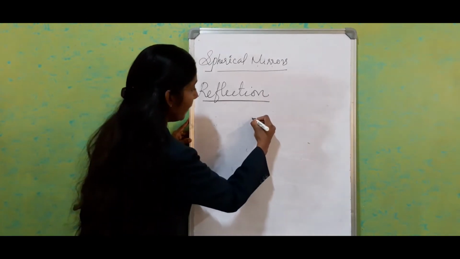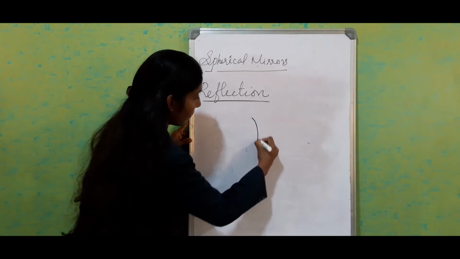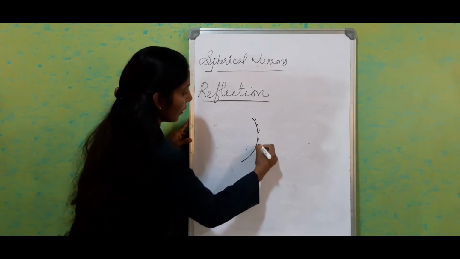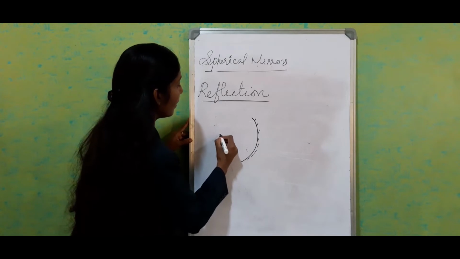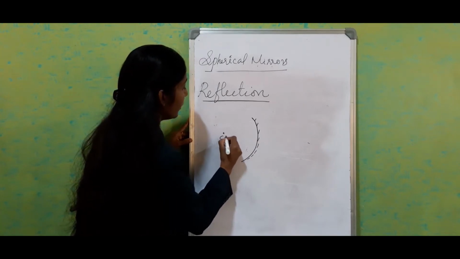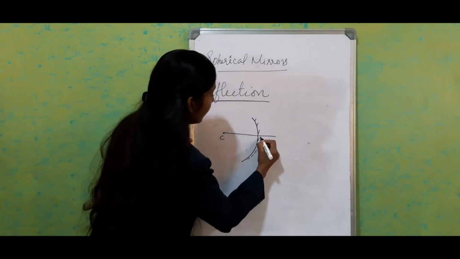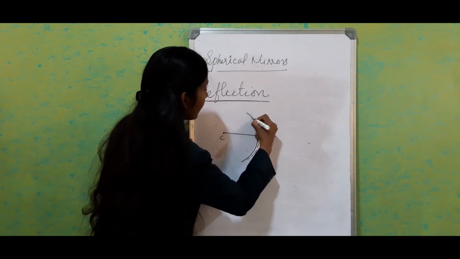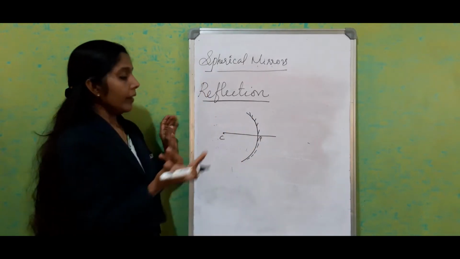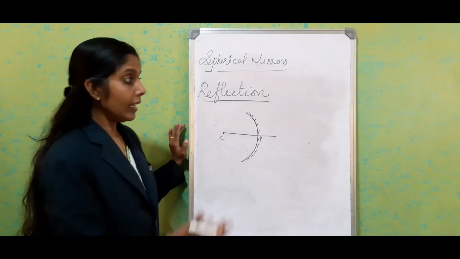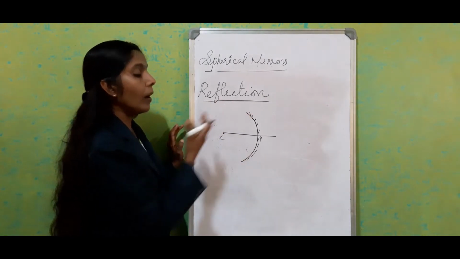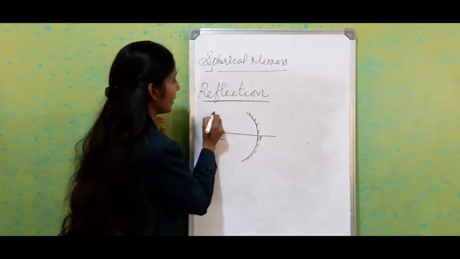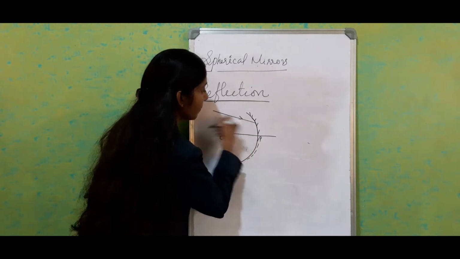Just consider a concave mirror. We have to mark the center of curvature and the pole. We can take any ray which strikes the mirror. I am just drawing it here.